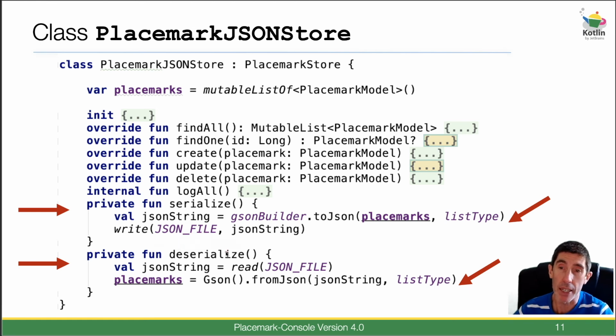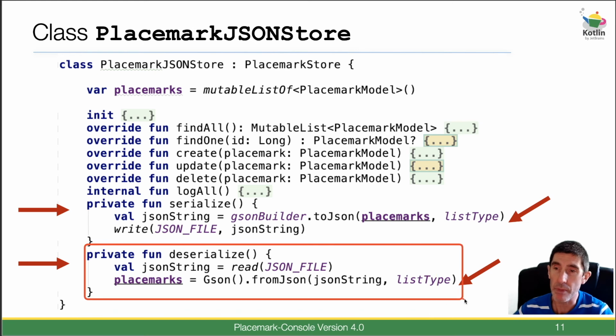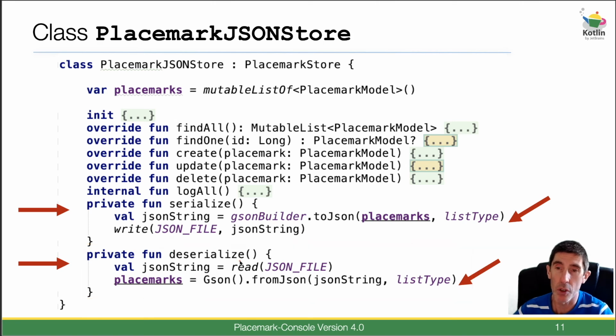And we can see the example here for the deserialize. When we're reading back in, from our placemark JSON store we would call the deserialize function, which will read in a basic string from that same JSON file, store it in this JSON string variable, and then we pass it to our JSON builder again, just using it slightly differently here.